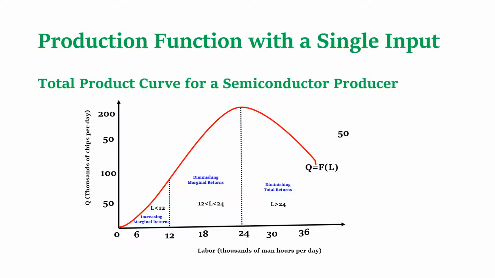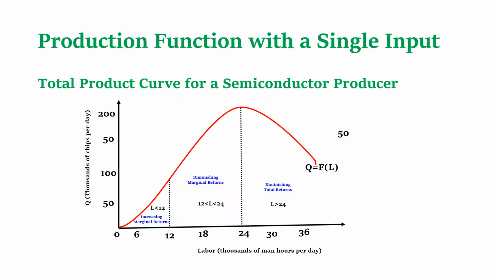Now, beyond L equals 24, we notice that the total product is declining. It is declining because diminishing total returns to labor are setting in. You have a lot of workers who are lying idle.